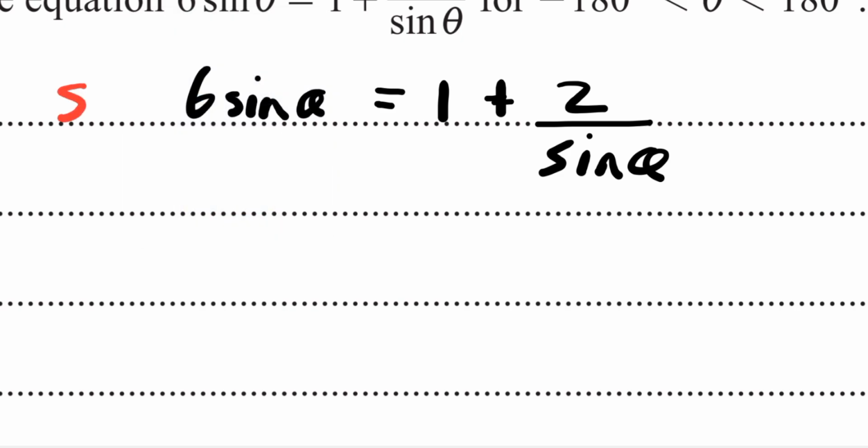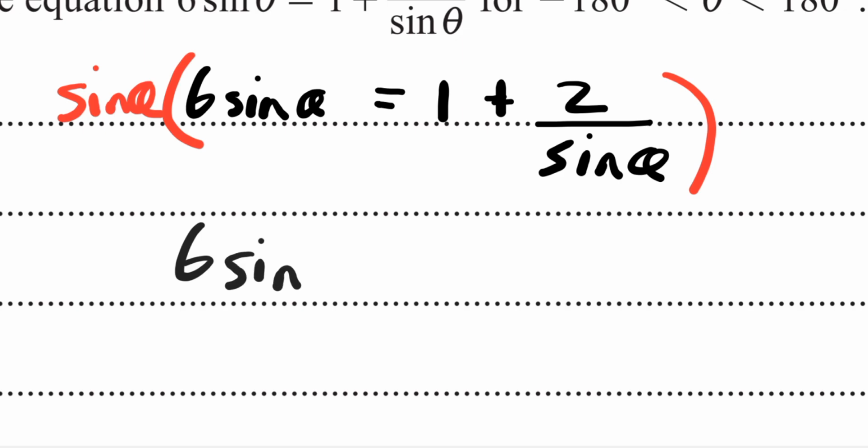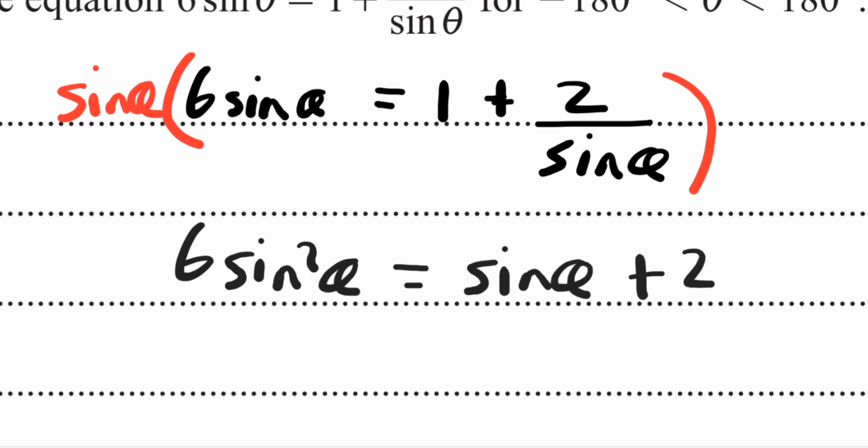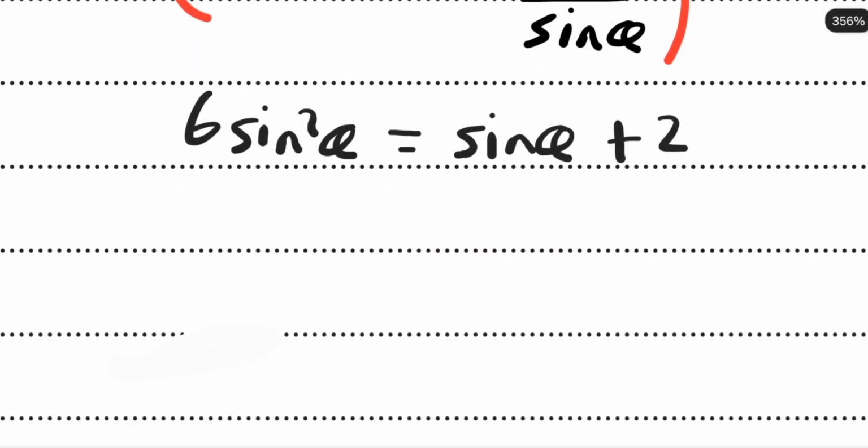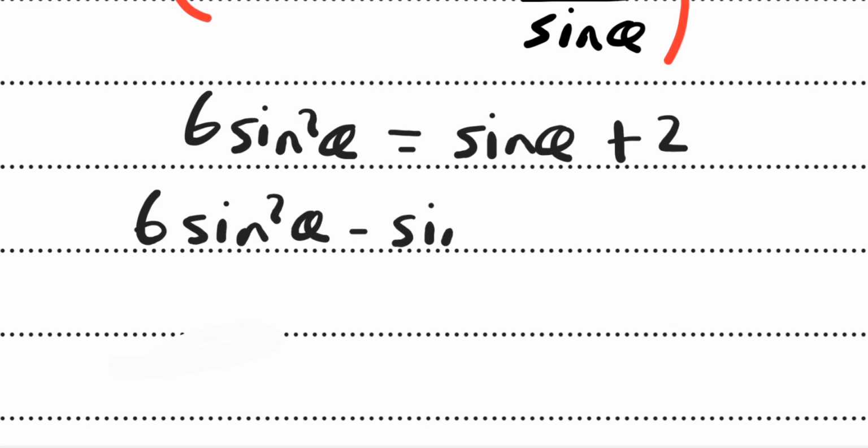So if we multiply everything by sine theta, we get 6 sine squared theta equals sine theta plus 2. And from this we get 6 sine squared theta minus sine theta minus 2 equals 0 if we take everything to the left hand side.